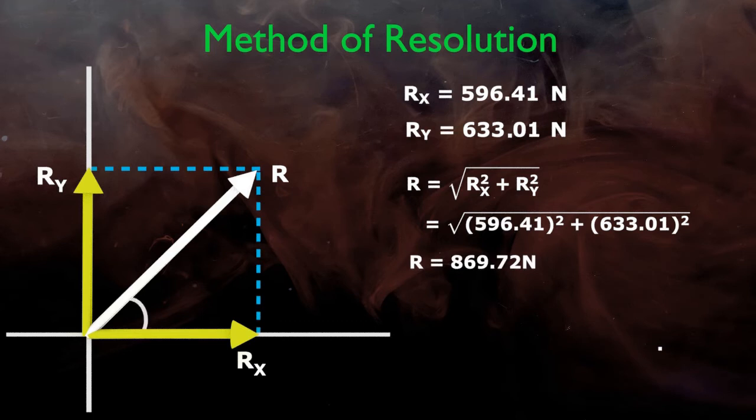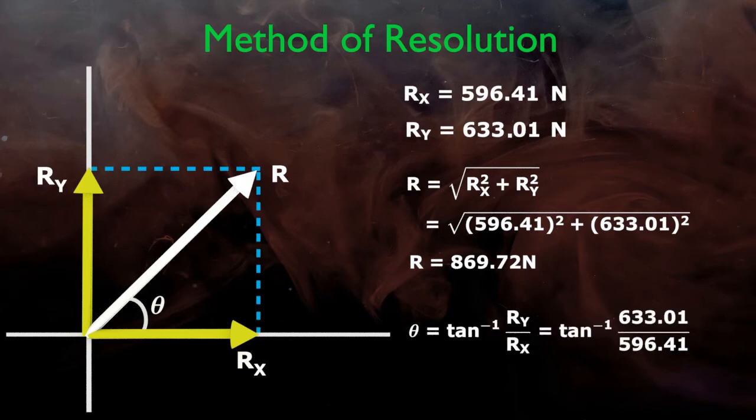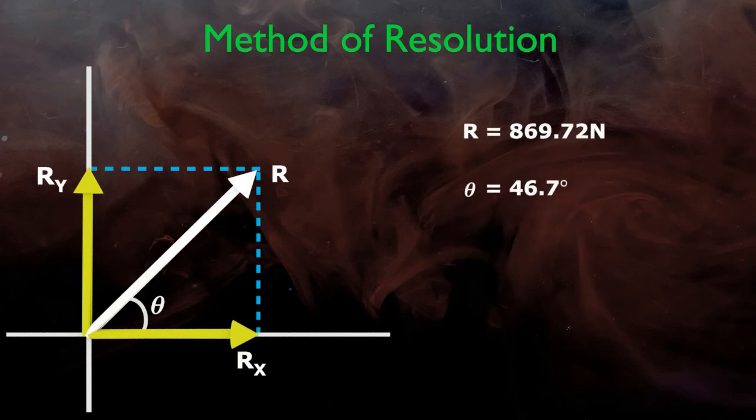And the angle between the resultant R and the x-axis is tan inverse Ry upon Rx. So the angle theta is 46.7 degrees. You can observe that the magnitude and angle of the resultant force we measured by both methods are exactly the same.